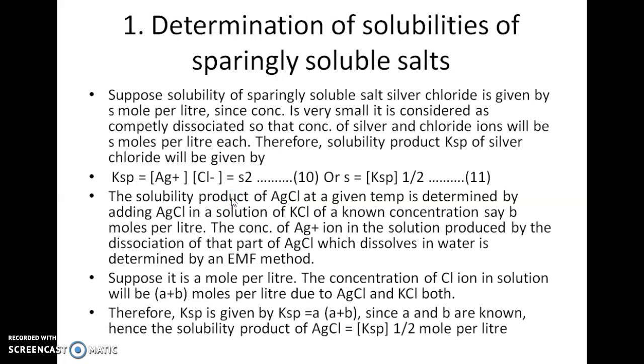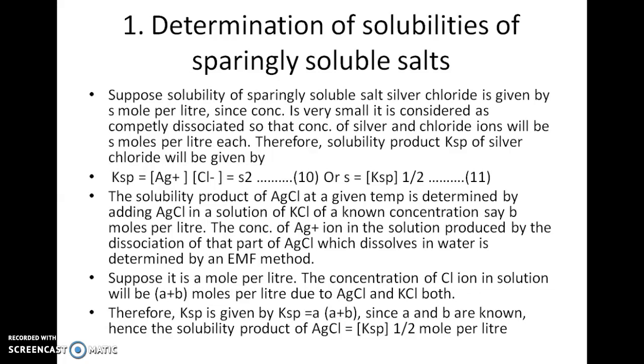So in the first application, determination of solubilities of sparingly soluble salt. Suppose the solubility of a sparingly soluble salt like silver chloride is S mole per liter. Since the concentration is very small, it is considered completely dissociated, so the concentration of silver and chloride ions will be S mole per liter each.